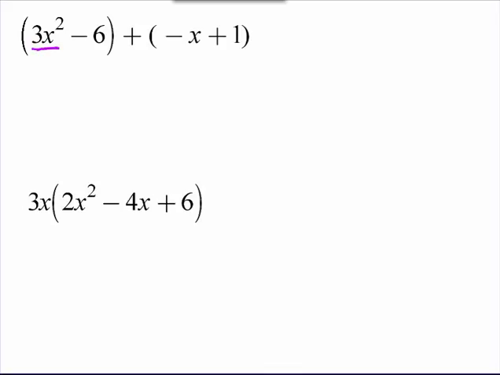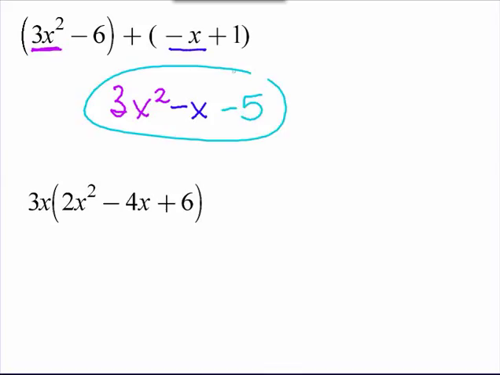I've got an x squared. What do I add it to? Nothing. So I leave it 3x squared. What will come next? Negative x. Good. And then, what do I have? Minus 5. So just because I don't have everything included, I don't have 2x squared, don't have 2 x's, you can still add them together.